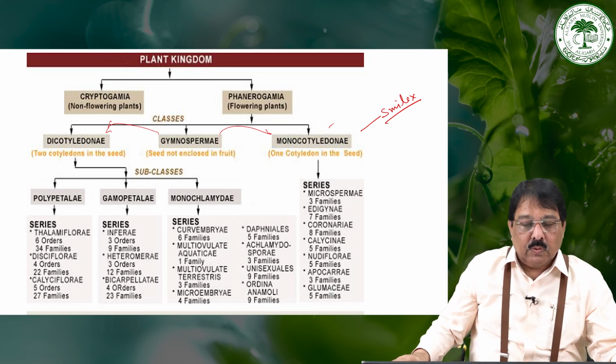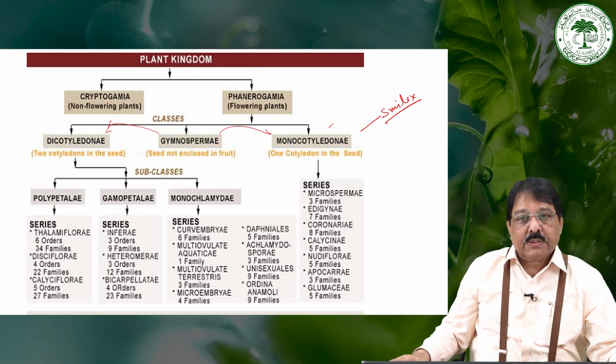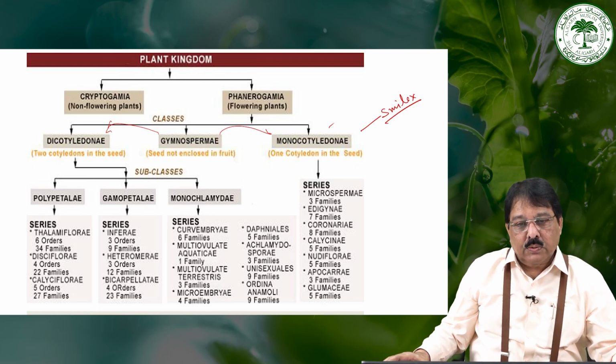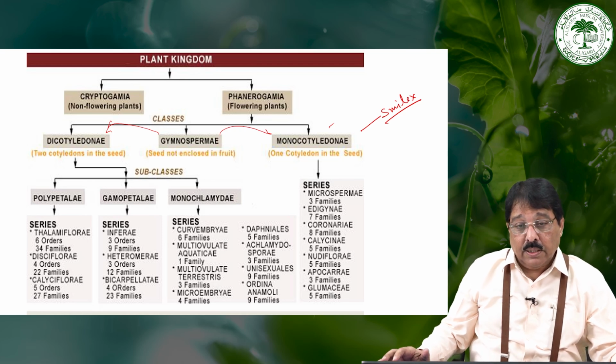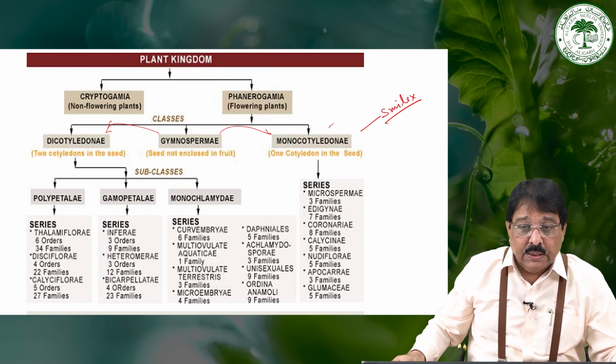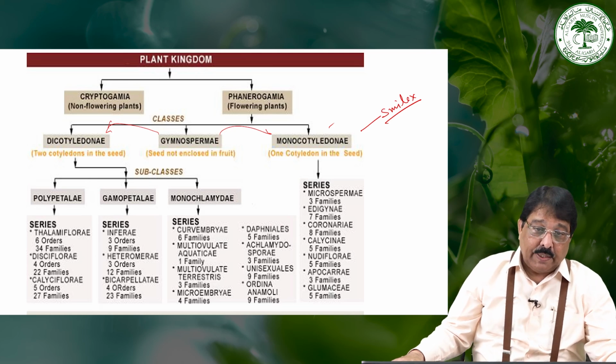And in case of the monochlamydeae, here it would be the tepals. Tepals means the unit of the perianth. So the perianth is either free or fused. In both the conditions, if it is perianth, either free or fused, then we have to place it in the monochlamydeae.